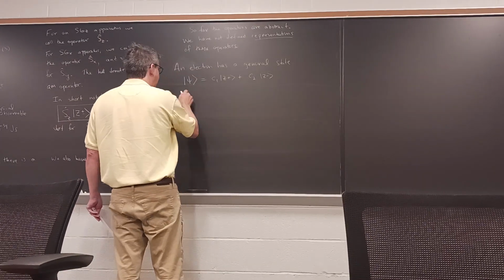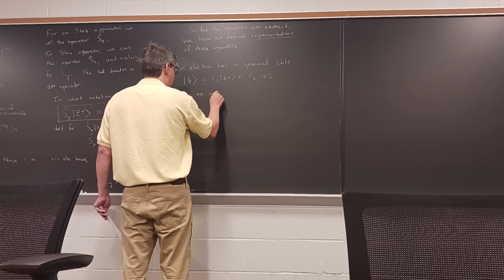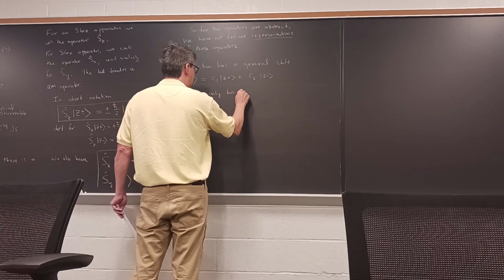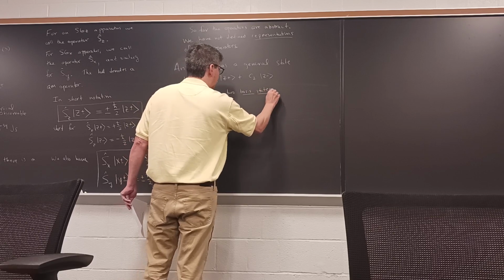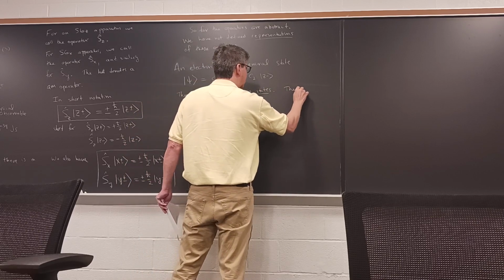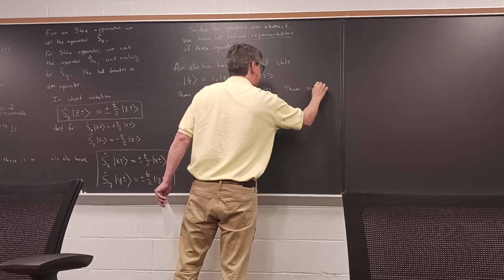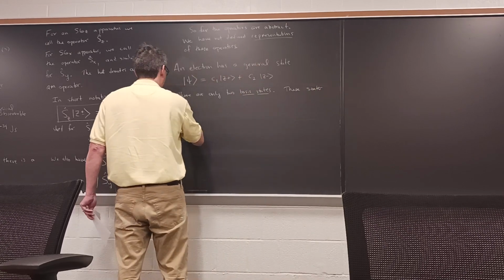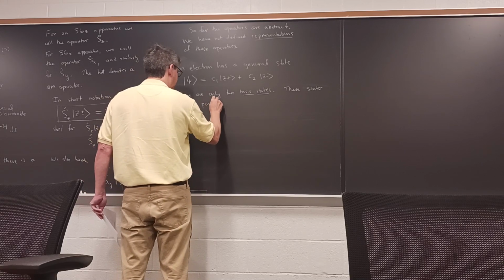So there are only two basis states. And these states are the possible results of a measurement.